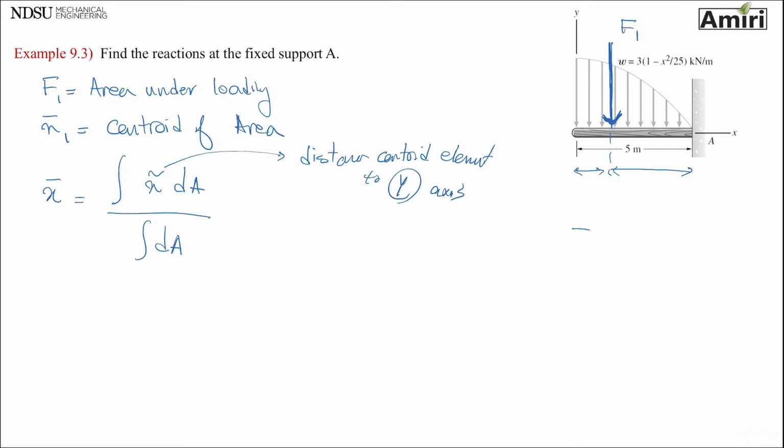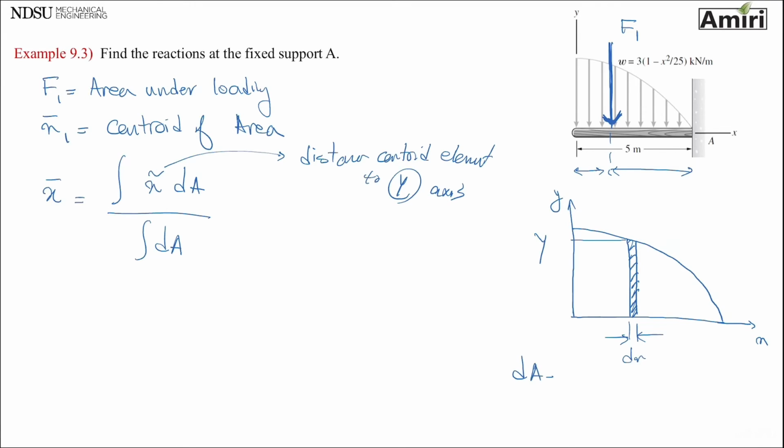So let me redraw this load here in order to be able to get an element on it. I'm going to take an element right here with width of dx, length of y. So dA is going to be y dx. Let's get rid of that y and replace it. So this problem, get rid of that w, put y on it.